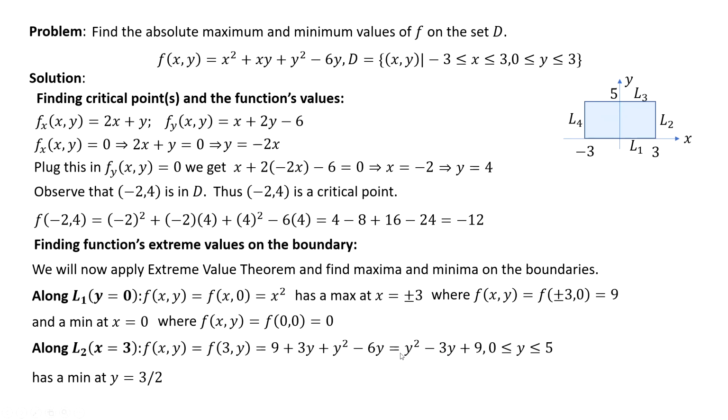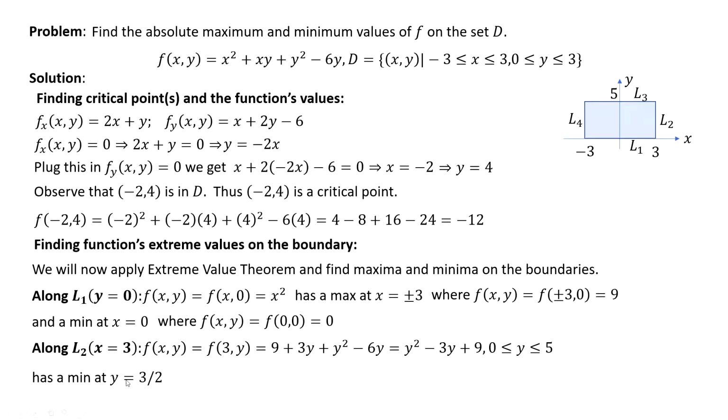Well, you remember, the derivative must be 0. So I took the derivative, which happens to be 2y minus 3, set that equal to 0. So that gave me y equals 3/2. Sure enough, there is a vertex for this parabola at y equals 3/2, right? So that's the idea. x, of course, we already know is 3, and so y equals 3/2.